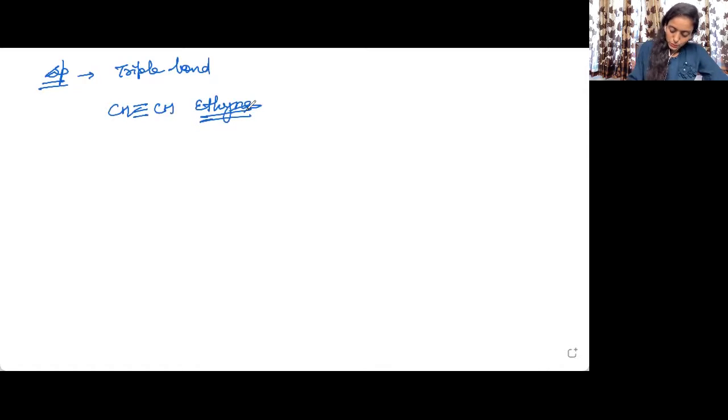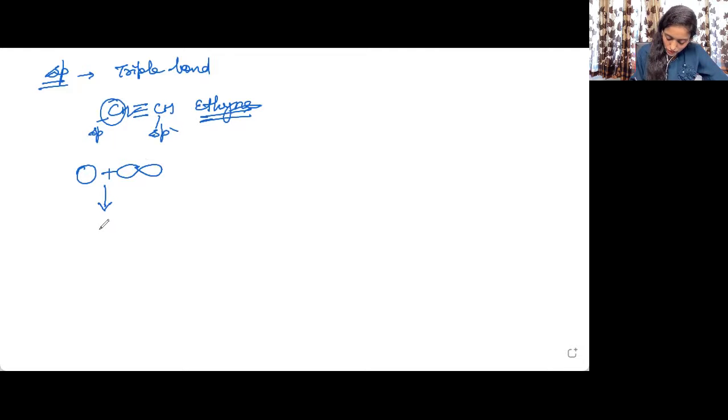Okay. So now, in this case, both the carbons will be sp hybridized. So here we are considering this carbon. It is having one s orbital and any one of the p orbitals can be involved in hybridization. So it will lead to the formation of two new orbitals.